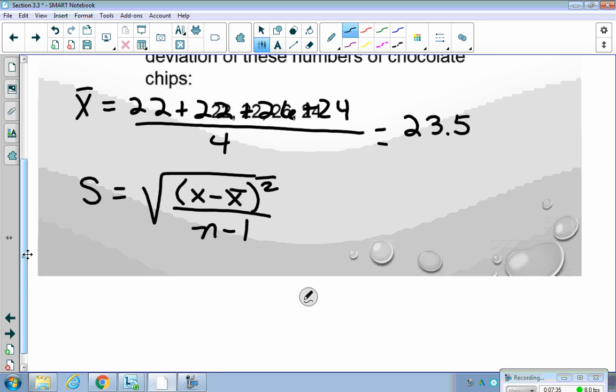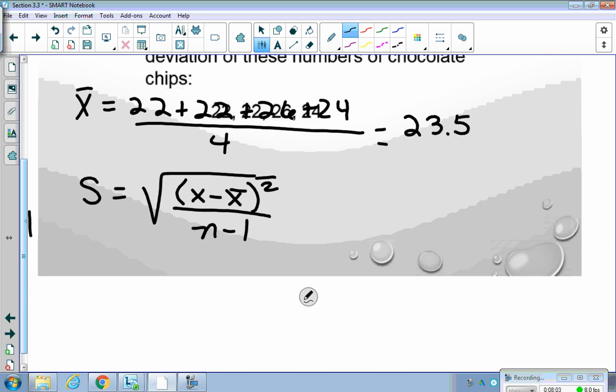N is the number of pieces of data. The x represents the actual piece of data. X bar, of course, is our mean. So the way to do it is we're going to put columns and we're going to do each thing separately.